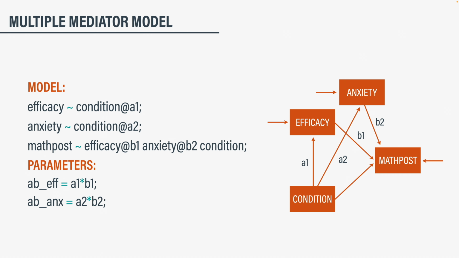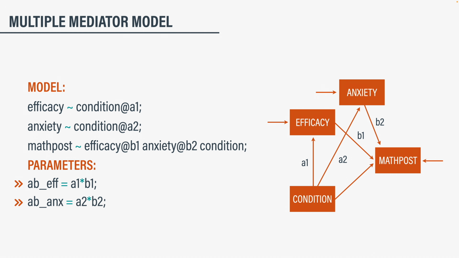Okay, so next, let's add a second mediator to our model. The model command now features regression equations for both mediators, and I label the condition slopes A1 and A2. In the post-test model, I label the mediator effects B1 and B2. And then if you look down at the parameters command, I'm computing two indirect effects, one via self-efficacy and one via anxiety.